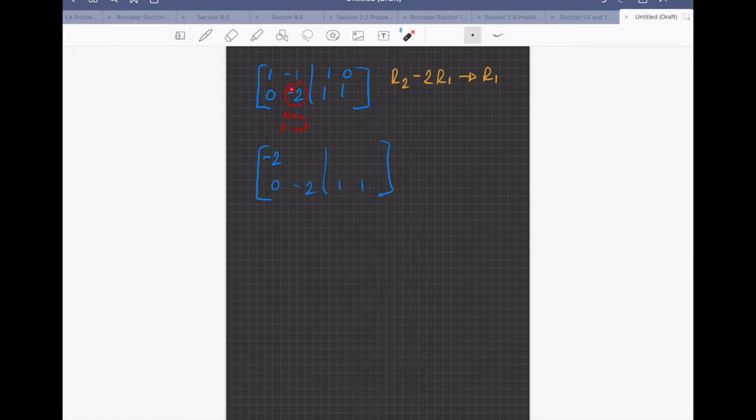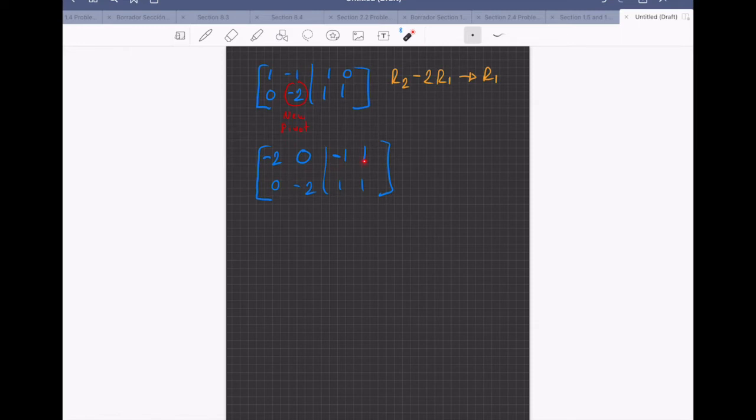Negative 2 minus negative 2 is 0. Two times 1 is 2. 1 minus 2, negative 1. 2 times 0 is 0. 1 minus 0 is 1. And notice how we have a 0 here, 0 here.